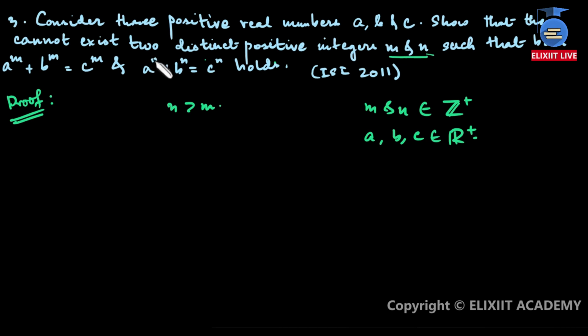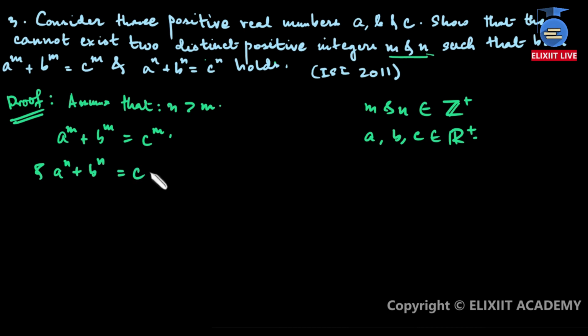If n is greater than m, first of all, understand this relation is given. One of these relations, you write this down. First, you have this relation: a to the power m plus b to the power m is equal to c to the power m. Since you have assumed that n is greater than m, from the first relation we can get one conclusion.